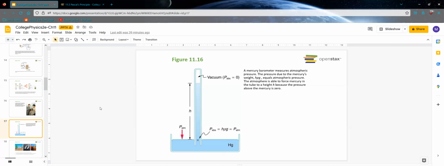And I should go back to this example here. A mercury barometer, as you can see, is a tube with a vacuum in it, at some zero pressure at the top there. As the atmospheric pressure applies to the basin that the barometer tube is sitting in, that's going to move the tube in the center up and down based on the atmospheric pressure.